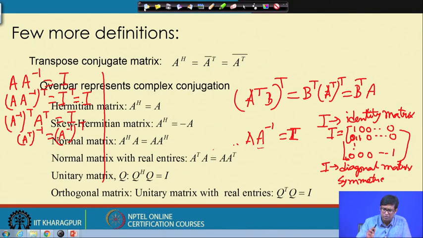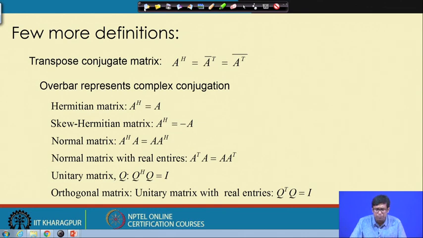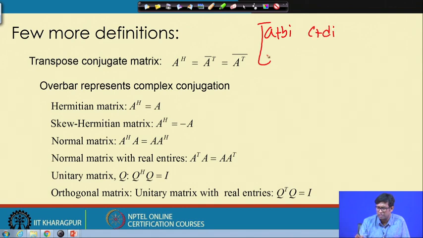To end this class, we will look into a few more definitions, and this starts with complex matrices. For a complex matrix, we have complex entries. For example, we can take a complex matrix A plus Bi, C plus Di, E plus Fi, G plus Hi.